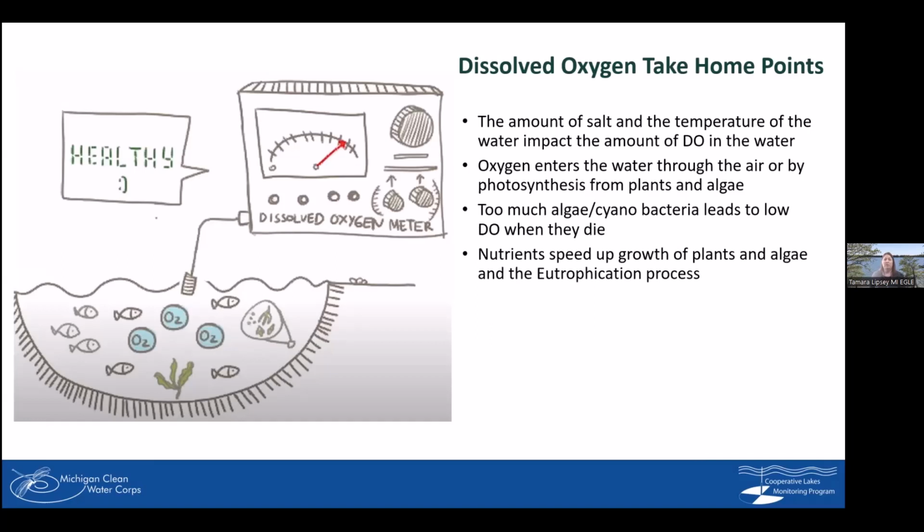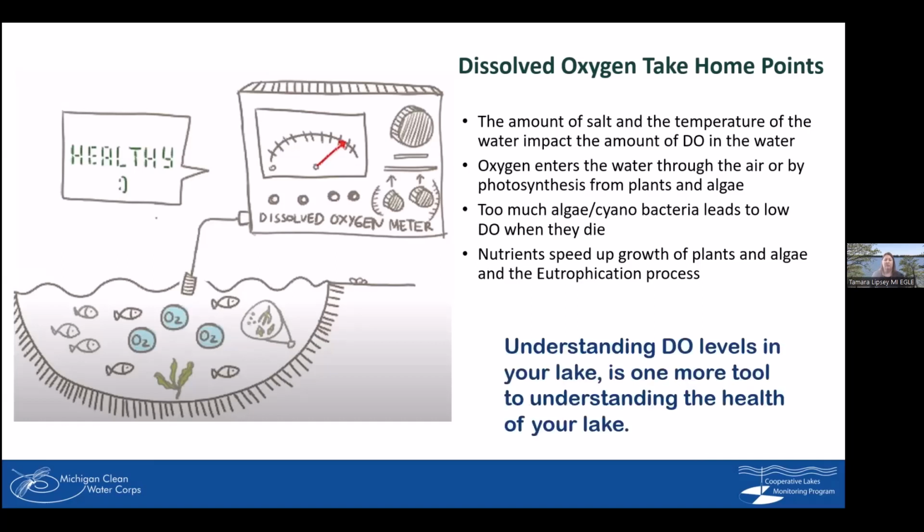Nutrients speed up the growth of plants and algae and speed up the eutrophication process. So understanding dissolved oxygen levels in your lake is one more tool to understanding the health of your lake.